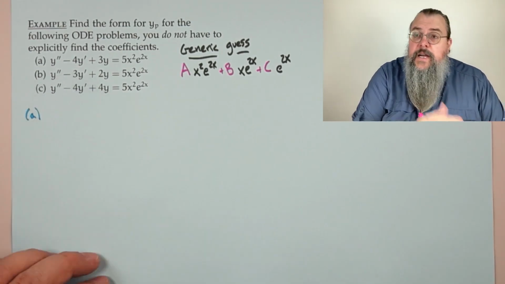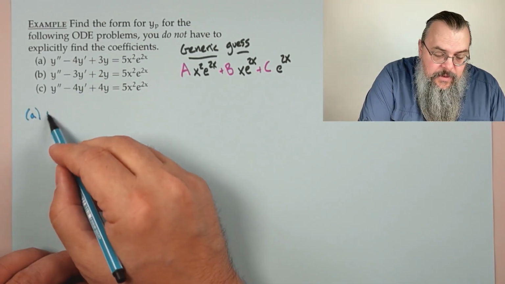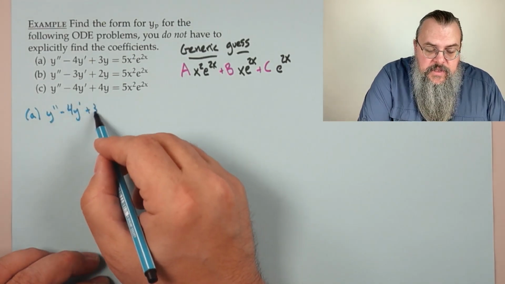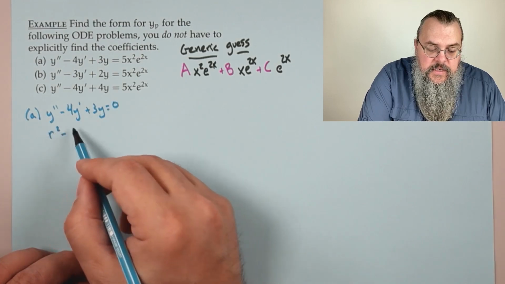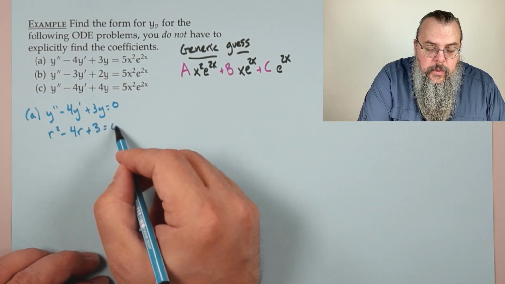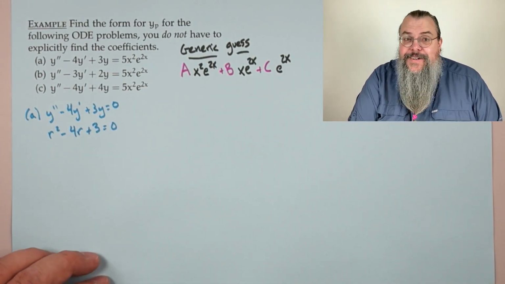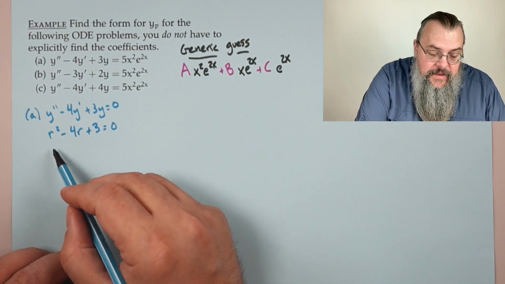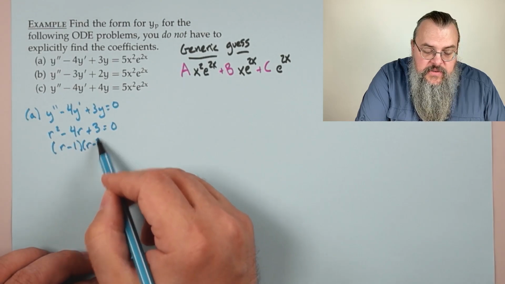So to find the yc, make the right-hand side 0. So we get y double prime minus 4y prime plus 3y equals 0. Turn it into algebra. Now, does it factor? Well, yeah, it does. It factors as r minus 1, r minus 3.